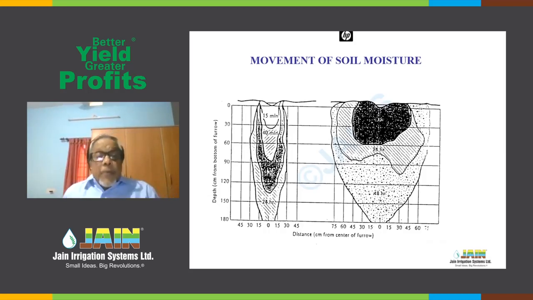Then the lateral spread, if you look at it, is hardly 15 centimeters on either side, from the center where the dripper point is. This has a relevance actually. So basically that 30 centimeter diameter with the dripper at the center is the place where you can plant a crop.